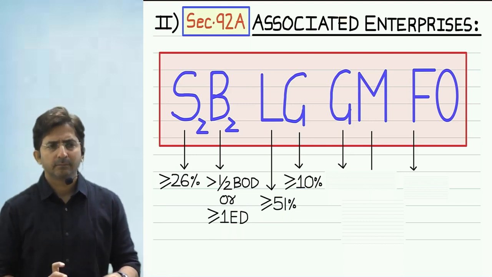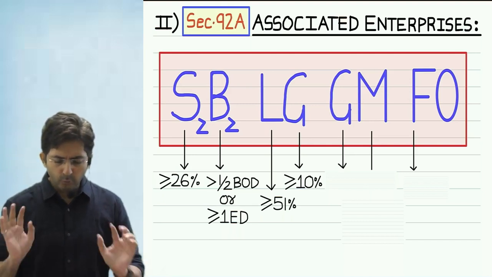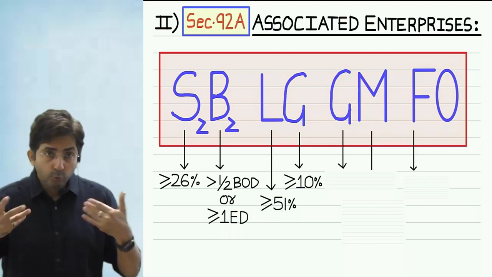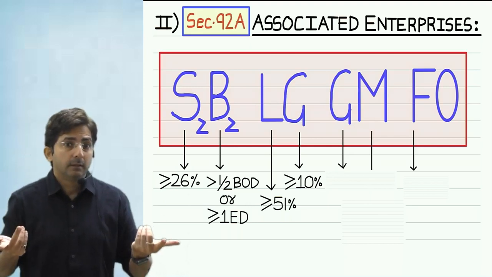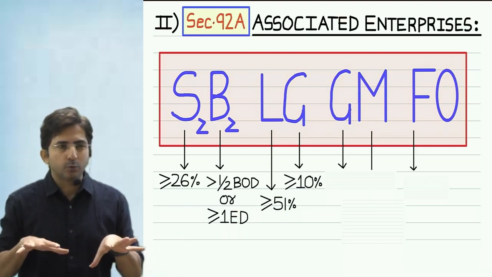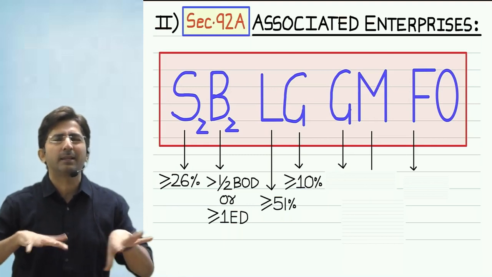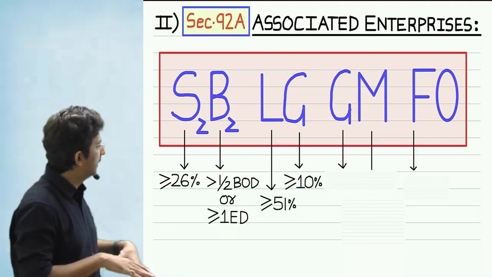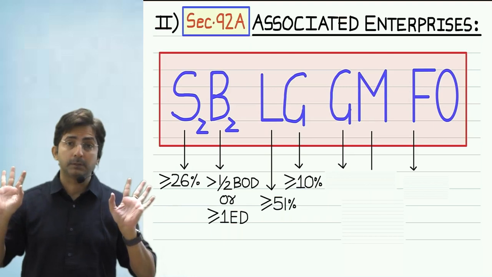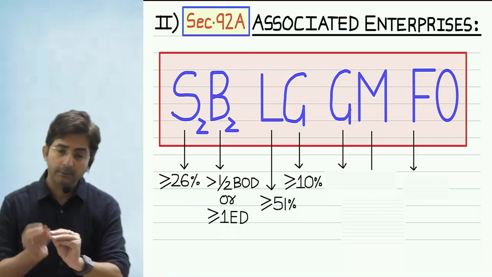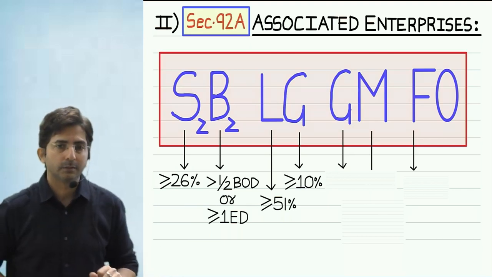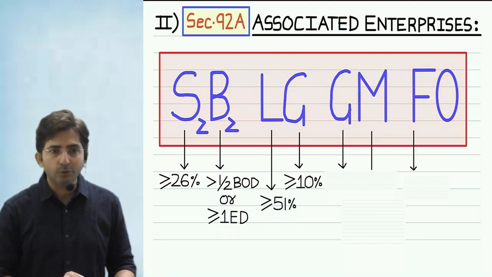Why? I don't know whether you thought or not, but usually a student feels loan and guarantee are one and the same, and they feel that in loan it is 51%, but in guarantee even 10% becomes association. But see, there is a difference.